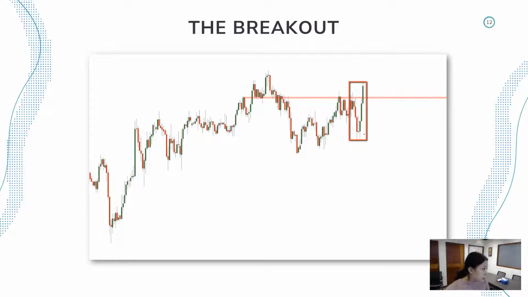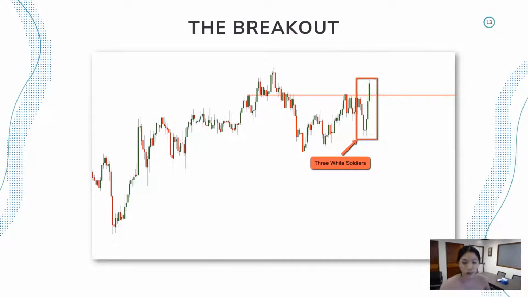So this is the three white soldiers, as we call it, and we will talk about these three white soldiers later. Yeah, this is the three white soldiers. How do you identify the three white soldiers?